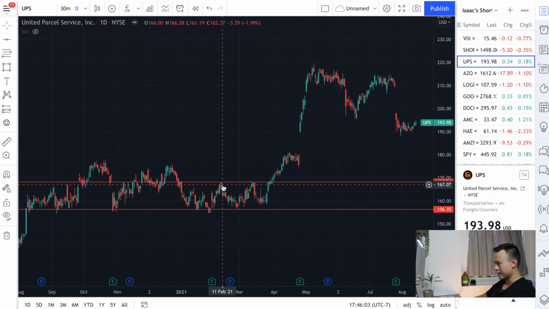Wow, 21. And then let's take a look at this level right here. How many bounces do we have from it? It acts as resistance. Look, 1, 2, 3, 4, 5, 6, 7, 8, 9, 10, 11, 12, 13, 14, 15, 16, 17, 18 times. So these are really strong levels.